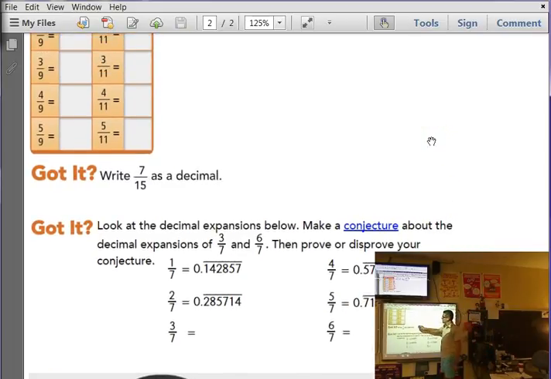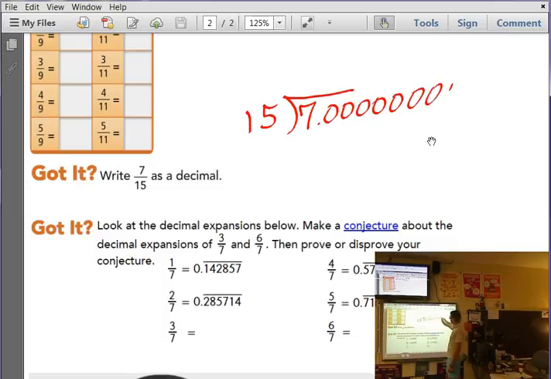So if we're asked to write as a decimal, set up the division. 7/15. You can probably start with 3 zeros, but I like to put a lot in case I need them. Then they're there already. I cannot fit 15 into 7, but I can fit 15 into 70. How many times?